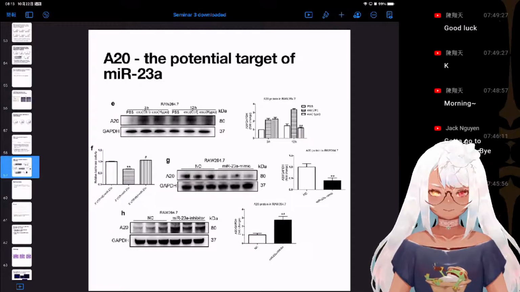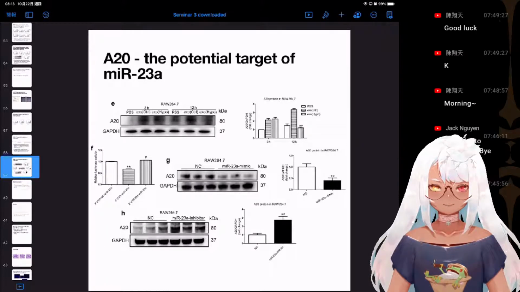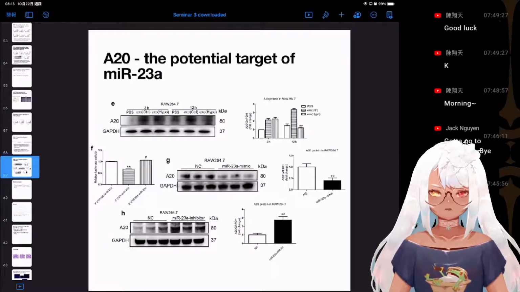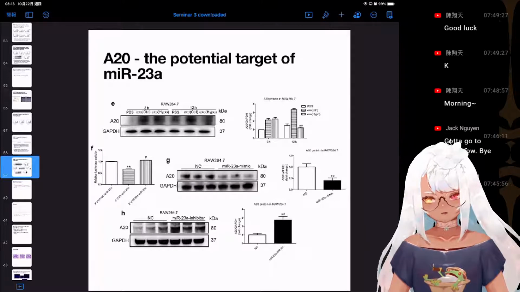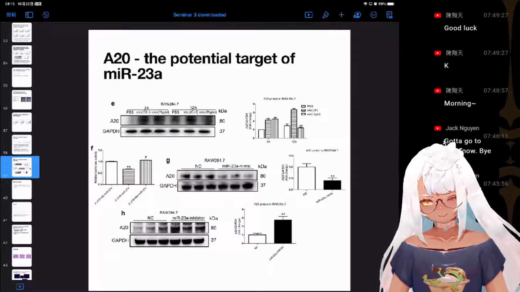And to find out whether there is a direct interaction between mitochondria and A20, they use a luciferase assay to address this question.